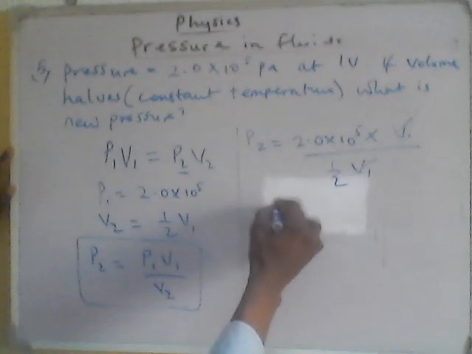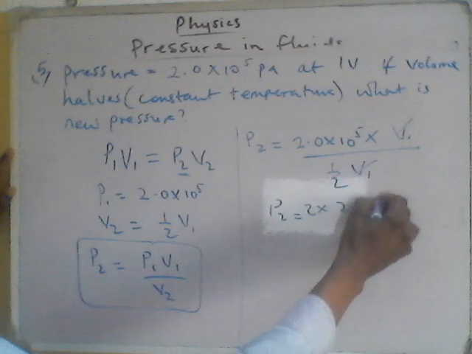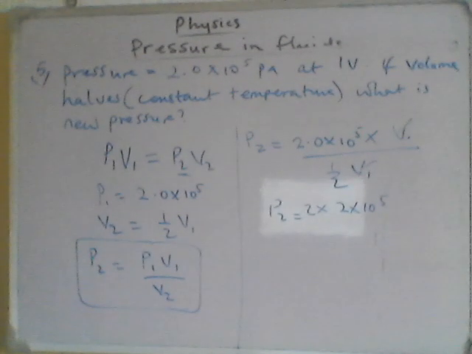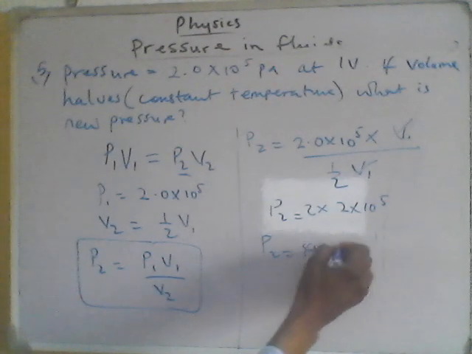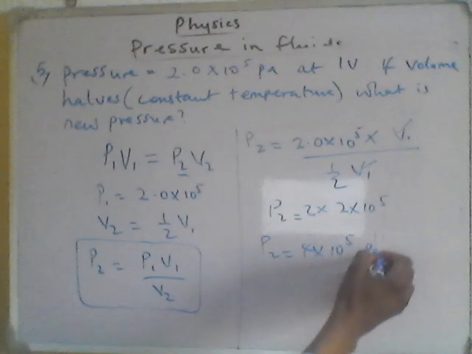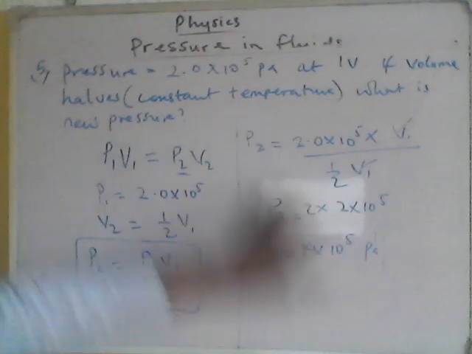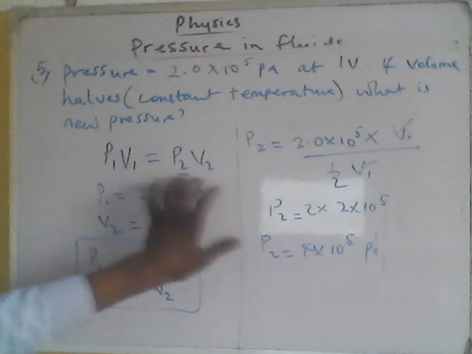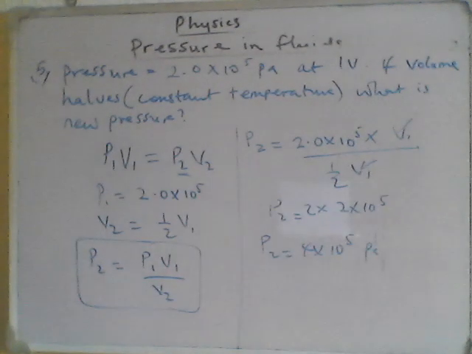And P2 is equal to 2 times 10 to the power 5, all right? That will give us 4 times 10 to the power 5 Pascal, right? So it goes to show that when the volume is halved at constant temperature, the pressure doubles. It doubles from here to here. This explains this relationship. Okay, so we'll go to the next question.